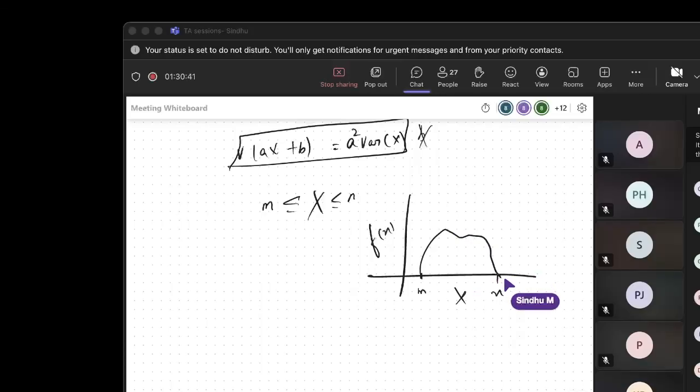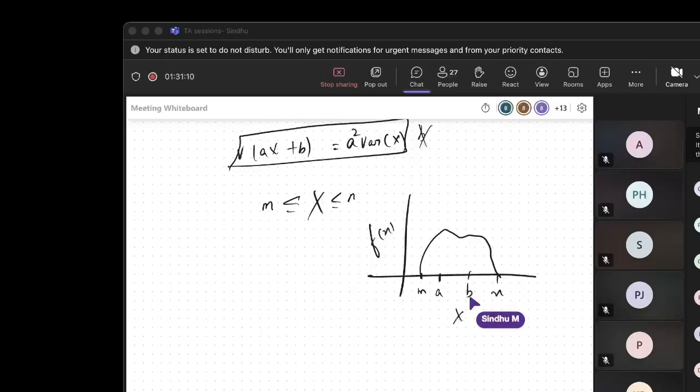Because they have mentioned that x is ranging from m to n, I have kept the minimum value of x as m and maximum as n. And they have also given two more variables a and b, and a is less than b. So a will be somewhere here and b will be somewhere here.